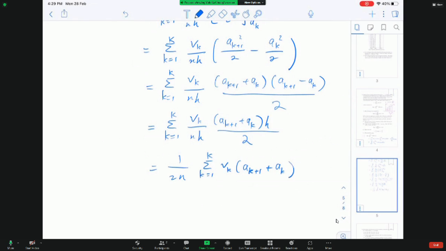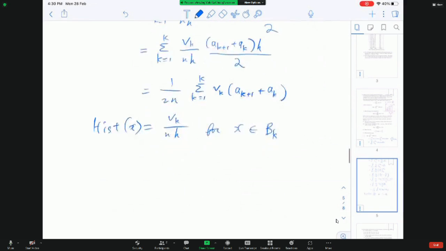Now, of course, this relies on your understanding of the meaning of this quantity.